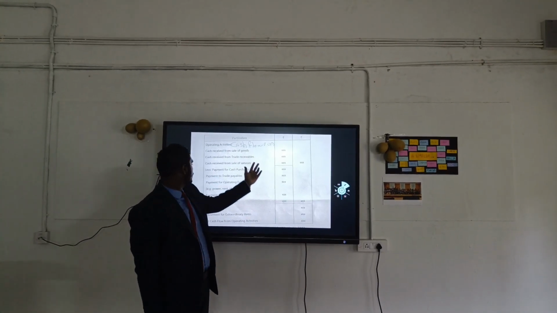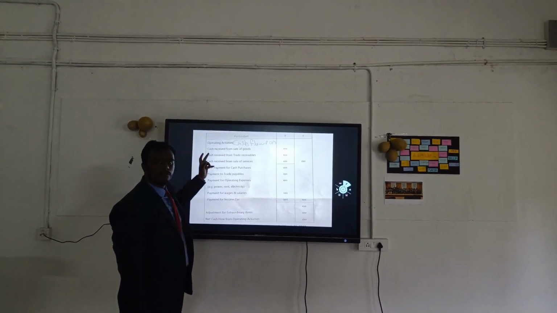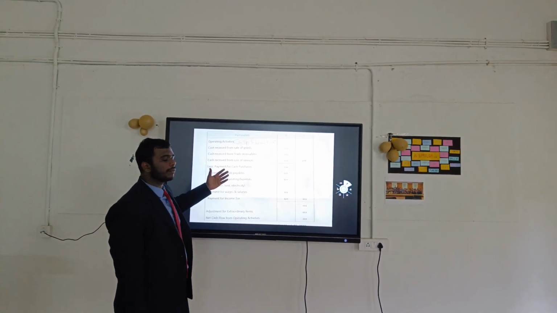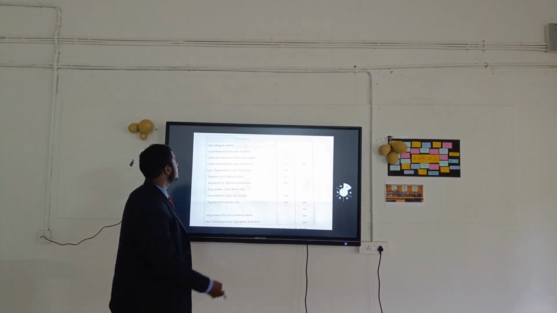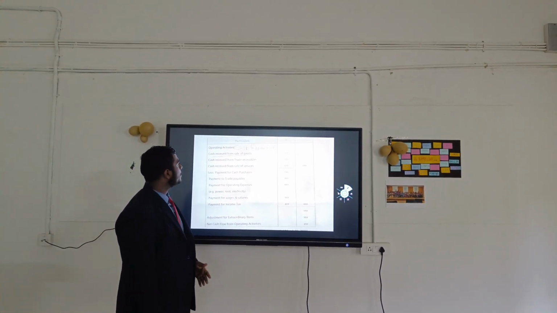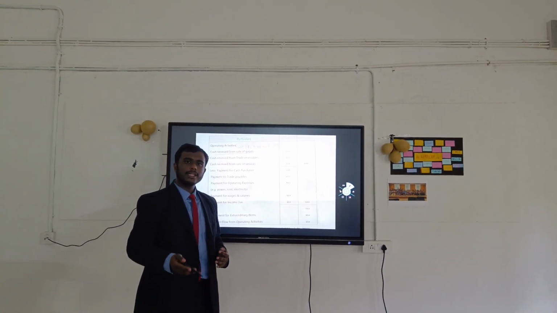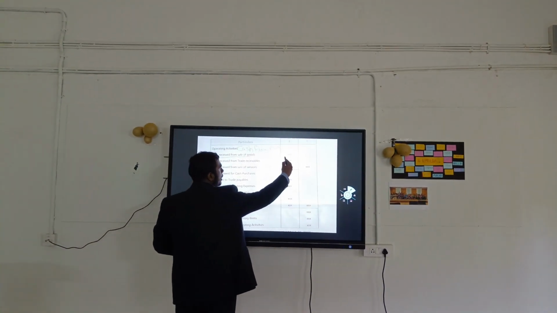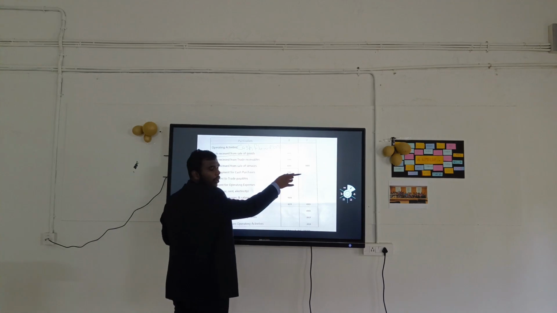After writing this, we should list all the revenues of the business. First is cash received from the sale of goods, which means cash is coming into the business, so we should write the amount in the inner column.